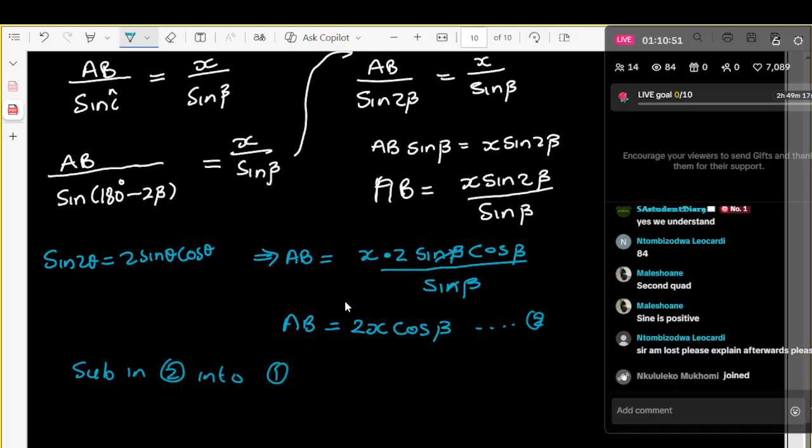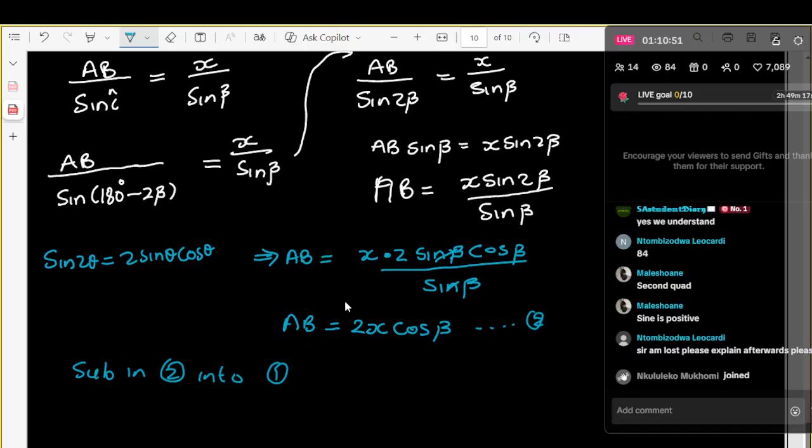So now, AB over the sine of angle C, because angle C is the one that is opposite to that AB. Then this is equals to x over the sine of B. Once you can find this part, you just have to substitute what you are given. We calculated angle C as 180 minus 2 beta.